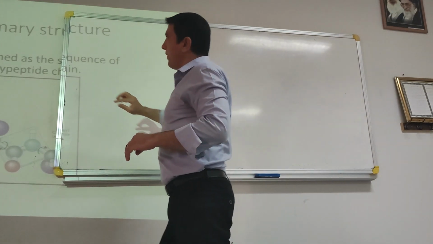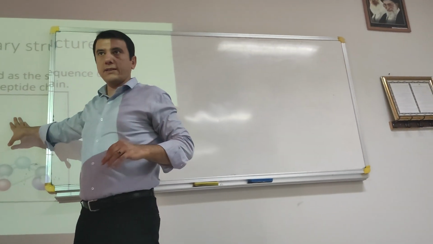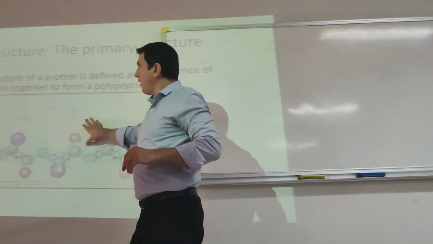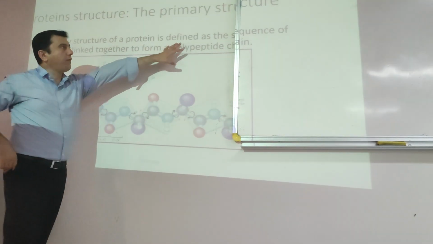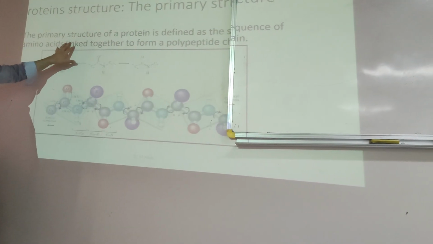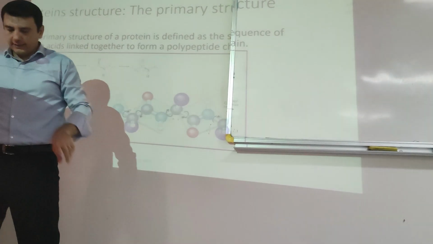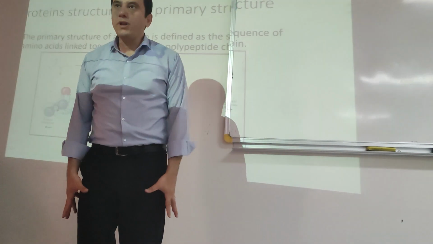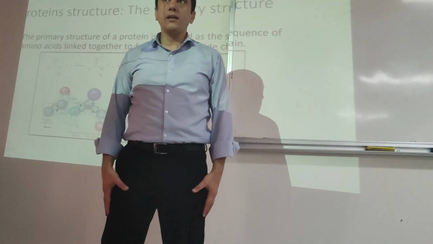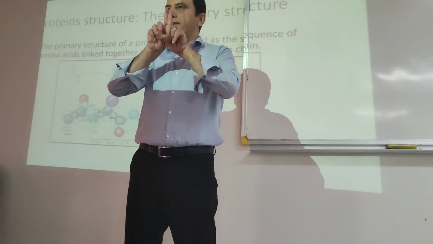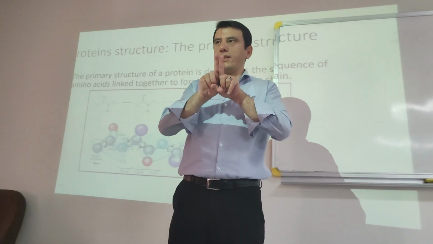The first, the primary structure of our proteins, is defined as the sequence of amino acids linked together. So, if several amino acids link together, we have the primary structure of proteins.